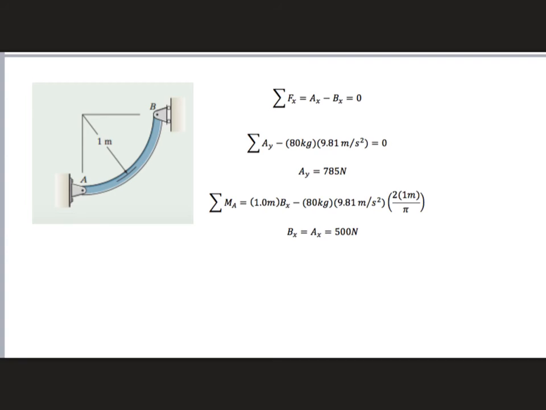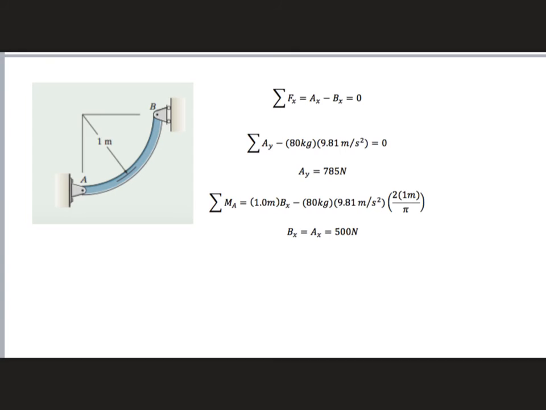Now we can do the sum of the moments. Again, we'll do the sum of the moments about point A. So the reaction forces at point A provide no moment. The reaction force at B, it's going this way. It's going to have a 1 meter moment arm, just like we did before. And then the moment of the other force.